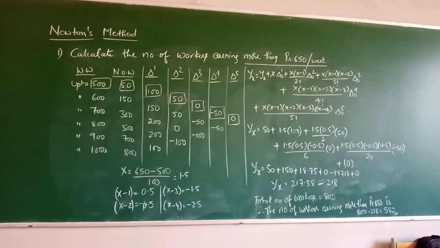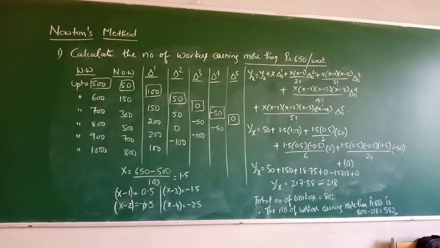Then all these observations have to be substituted in the formula. After simplifying it, you will get the value 217.58, approximately 218 workers. Now these 218 workers are for up to 650 rupees per week, right? 218 workers are earning weekly wages less than 650, up to 650.